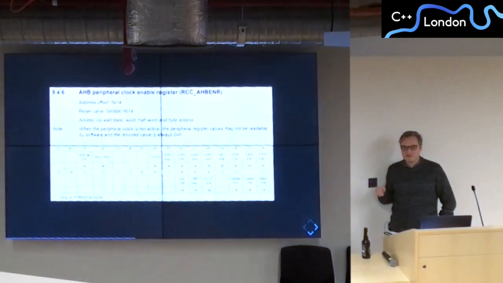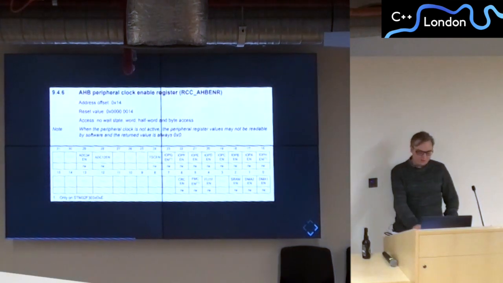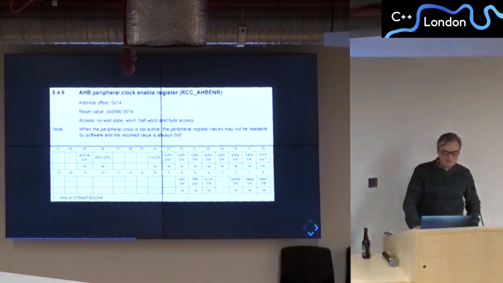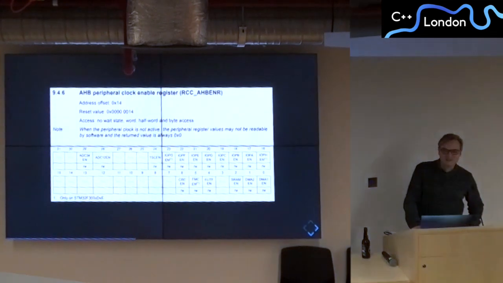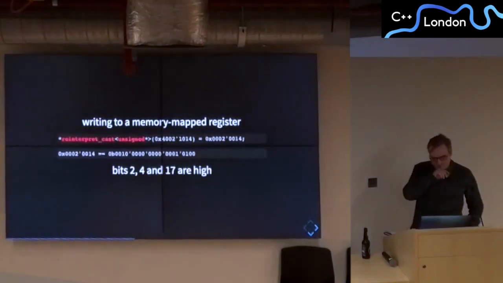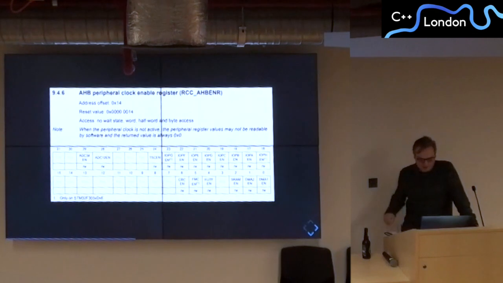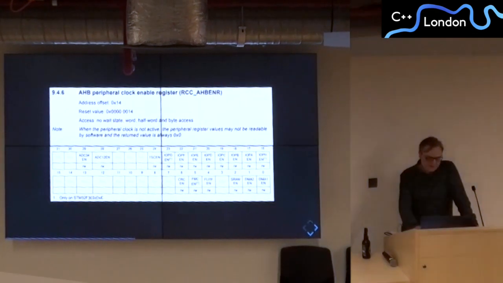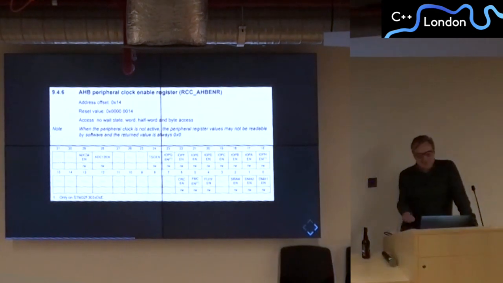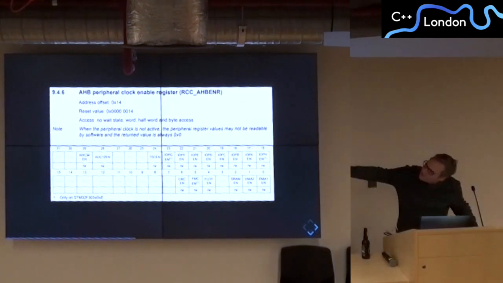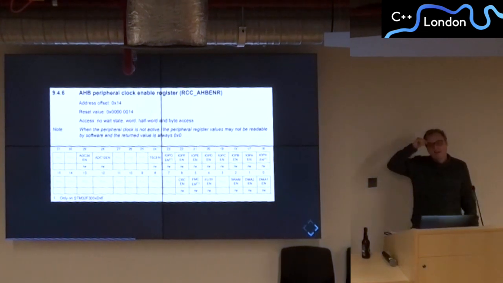Everybody see that? If we cross-reference the documentation, it tells us that the default settings are to have bits 2 and 4 high anyway. So the one we're interested in is bit 17. Bit 17, when set to a 1, I don't know if you can see it here, but bit 17 is attached to something called IOPA.